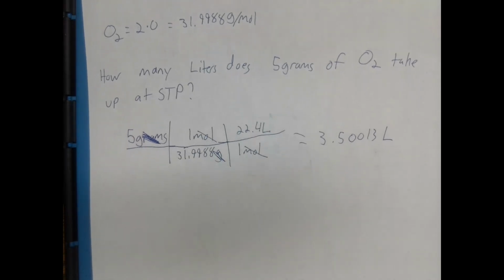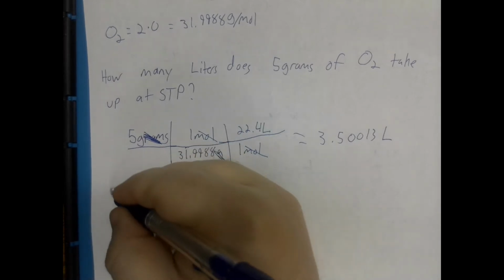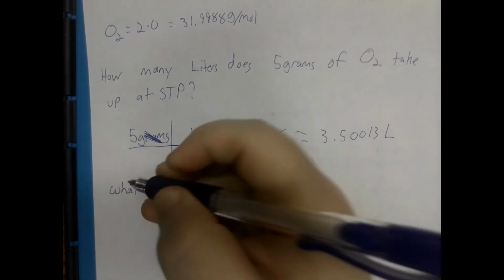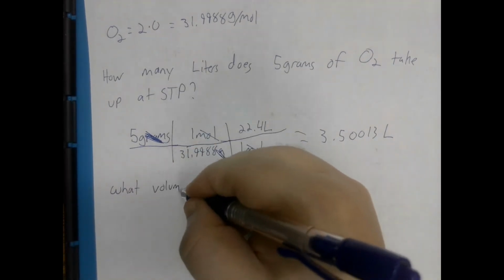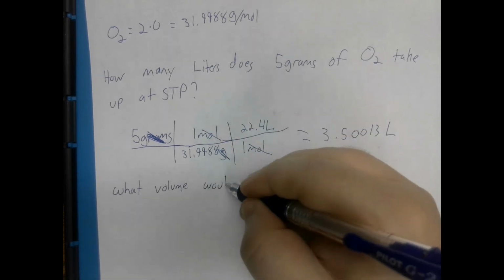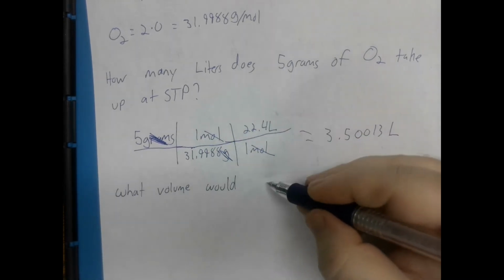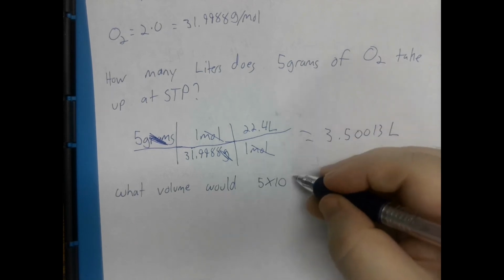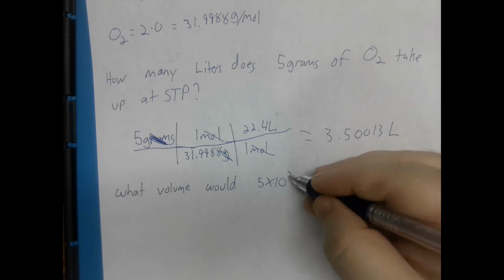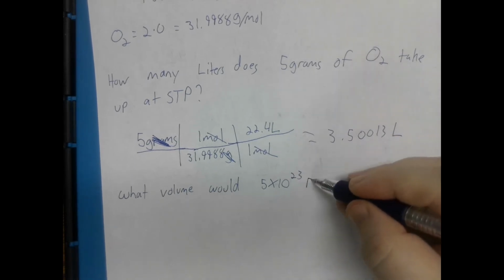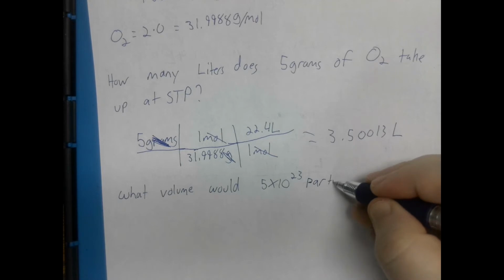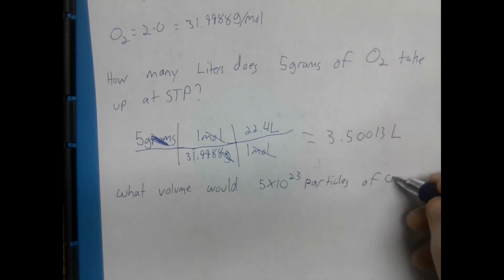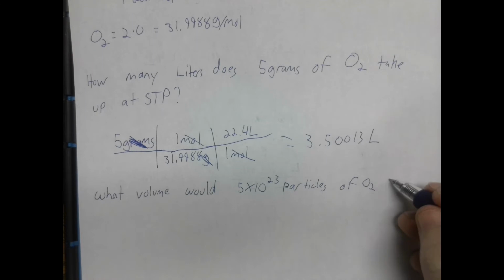Alright, let's do what volume would 5 times 10 to the 23 particles of O2 take up?